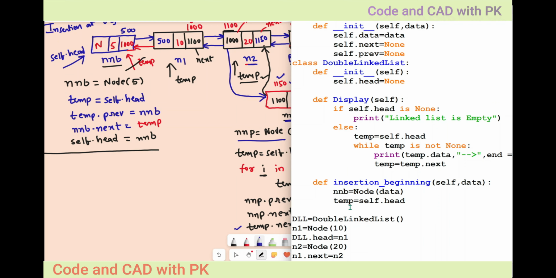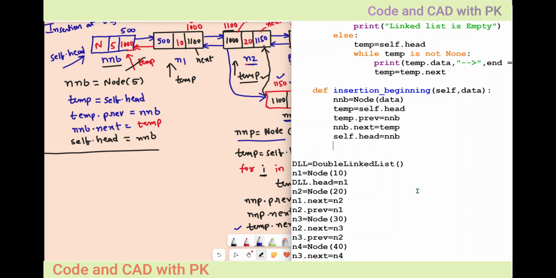Again temp dot previous is equal to nnb. Same lines here I am writing. Observe, nnb dot next is equal to temp. Again self dot head is equal to your new node. Always at beginning, so always the first node is the head.